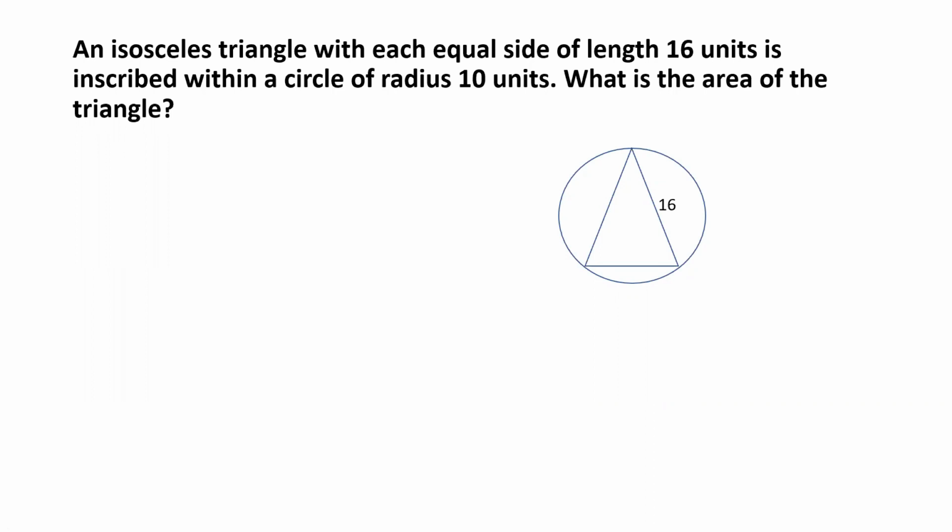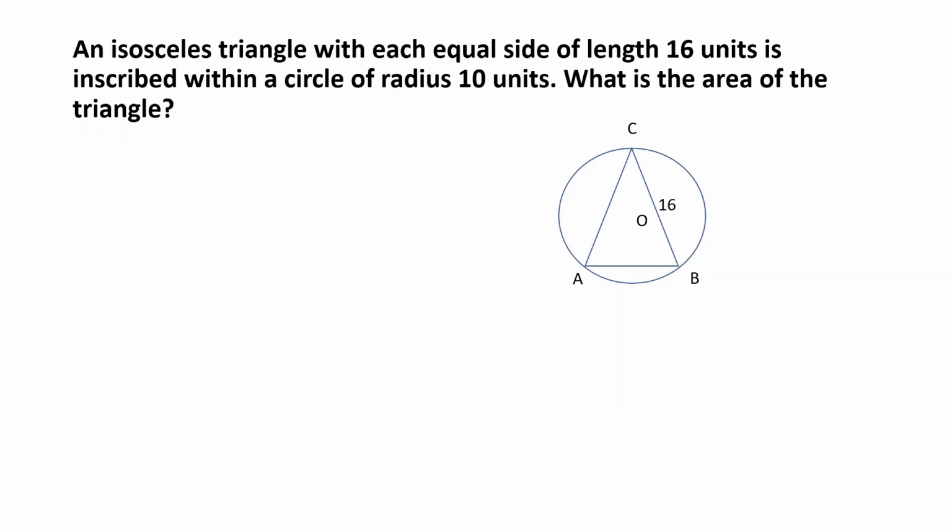So we start this problem from the figure of an isosceles triangle being inscribed within a circle. Let's name the triangle ABC, and the center of the circle O. One of the first things we do is some constructions.